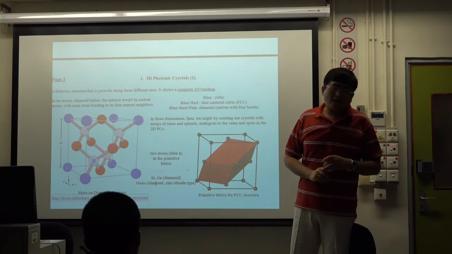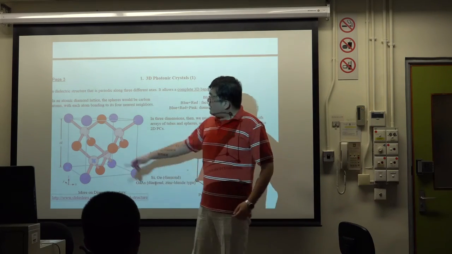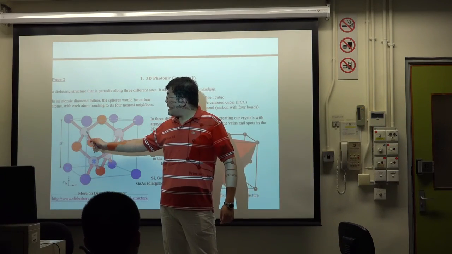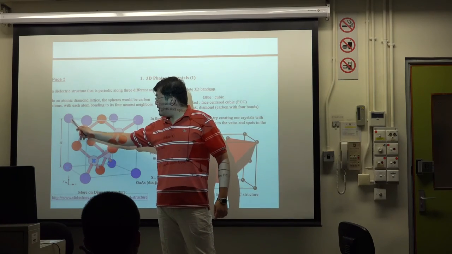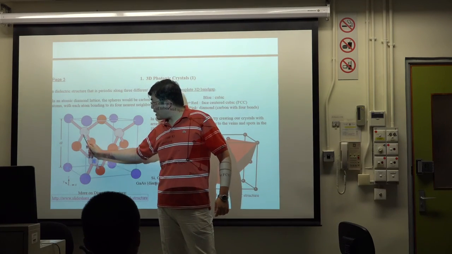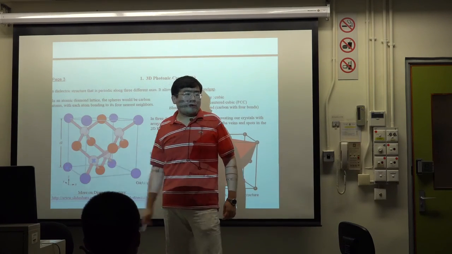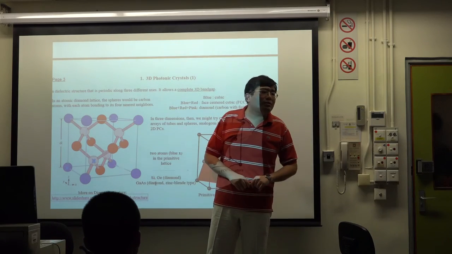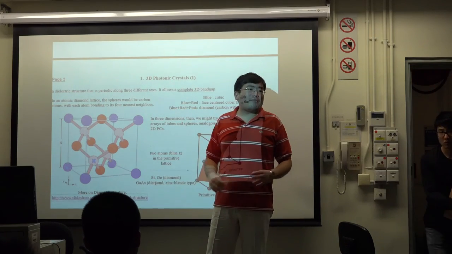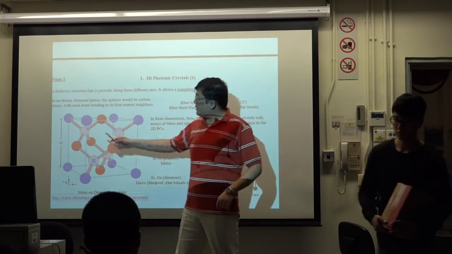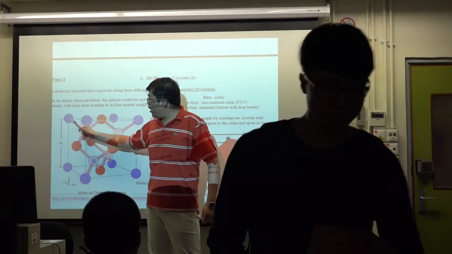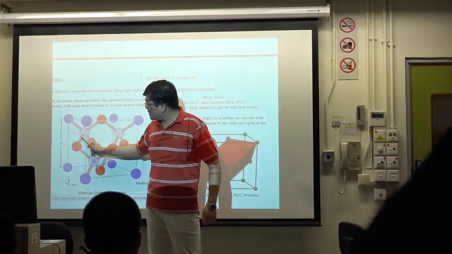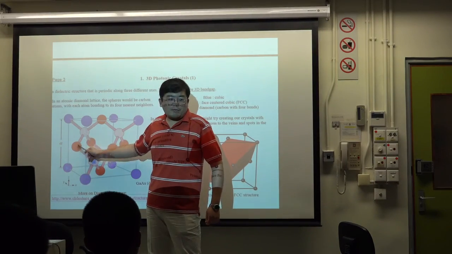Okay. So you can see here, one carbon atom has four neighbors. They form a chemical bond, right? So how about the electron distribution? I mean the wave function. Around this point, also around here, right? Because it has a chemical bond.